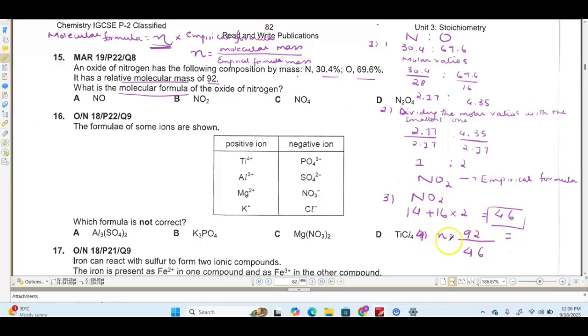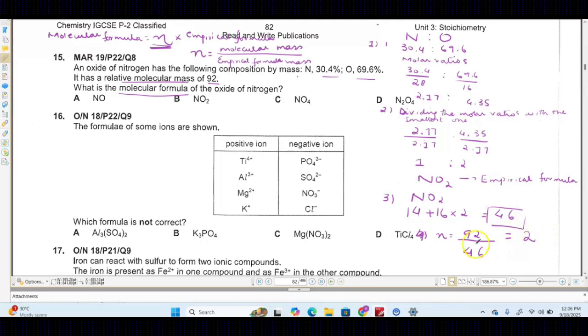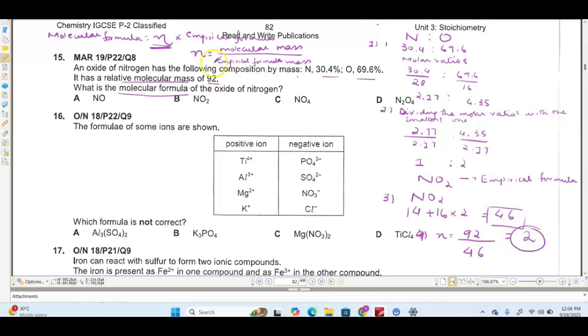So we find the value of N to be 2. Okay. So once we have this value of N, it is very simple. The molecular formula, I'm writing it as MF, is N times the empirical formula.